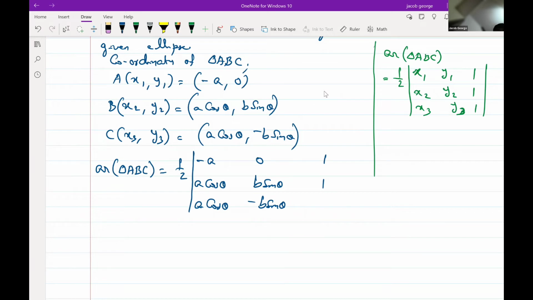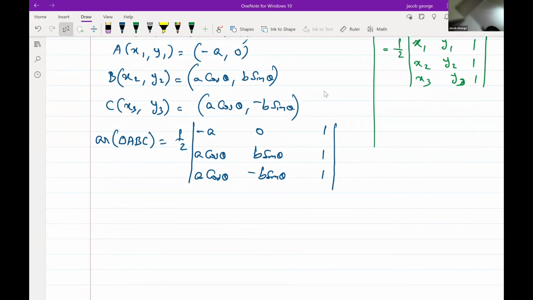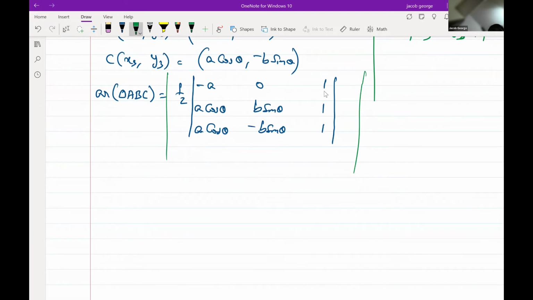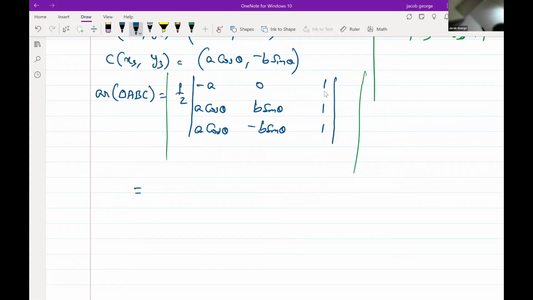If three coordinates are given, we can easily use this determinant formula. But when we calculate, in case it is negative, we will take the modulus value, so I will put the modulus here itself. So that will be half into, let's evaluate this. All of you know how to evaluate a determinant.